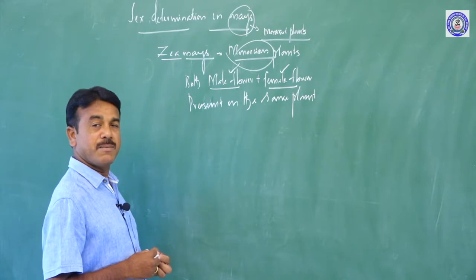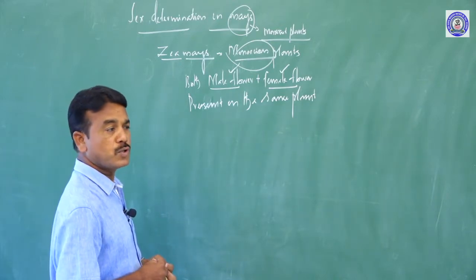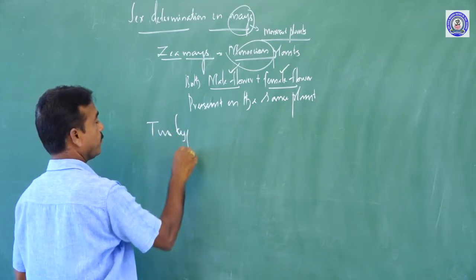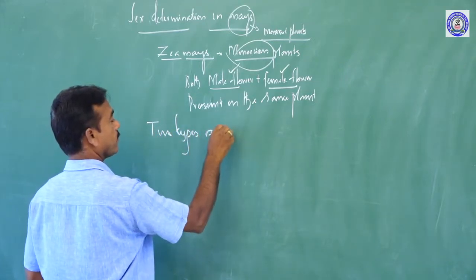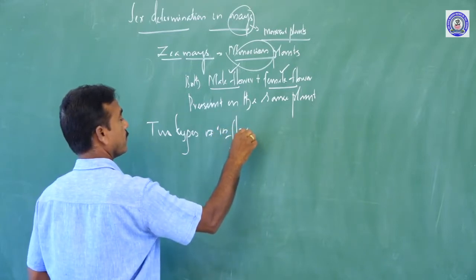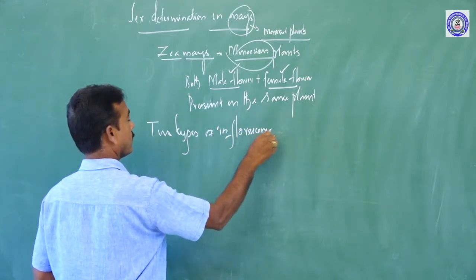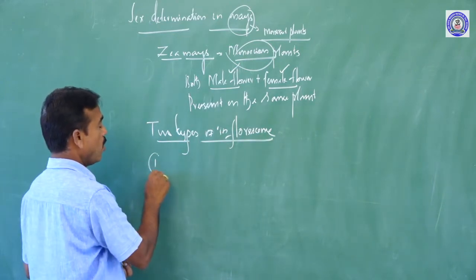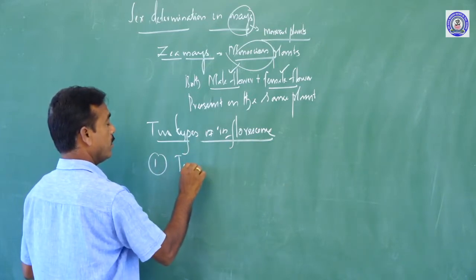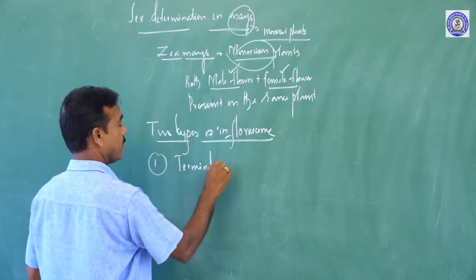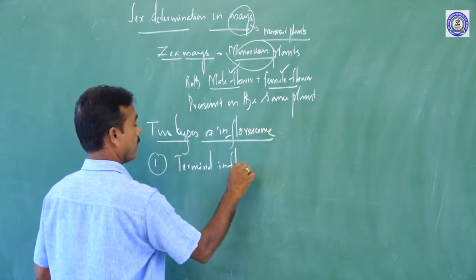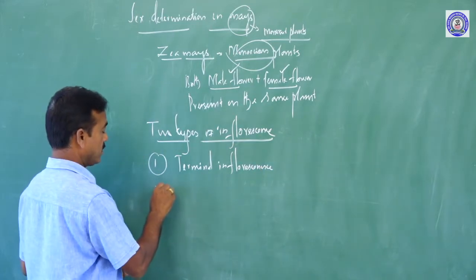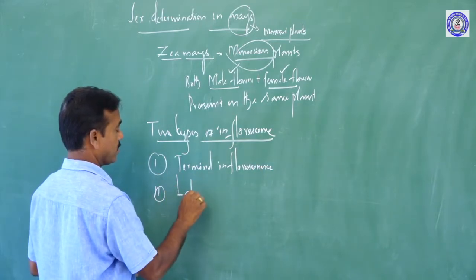The maize plant can produce two different kinds of inflorescence. What are the two types of inflorescence? One is called terminal inflorescence, and the second one is lateral inflorescence.